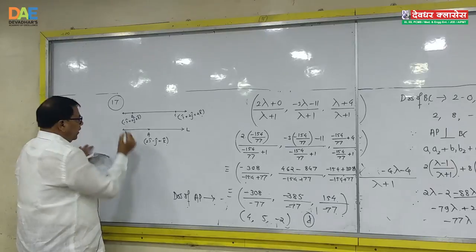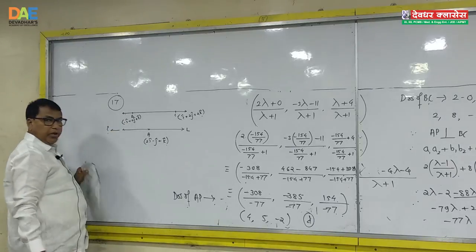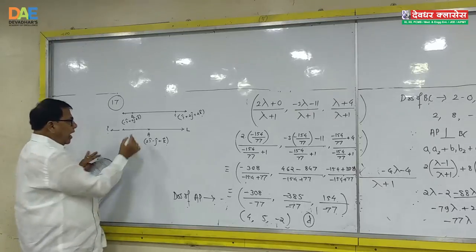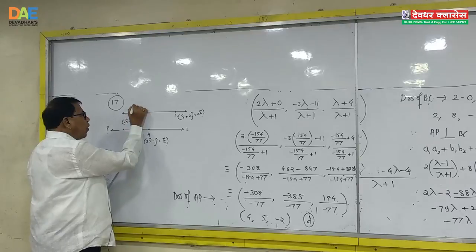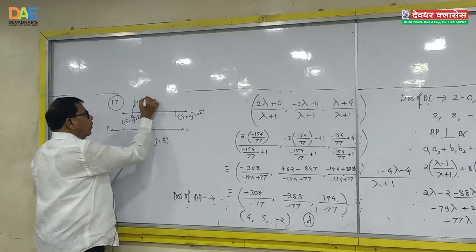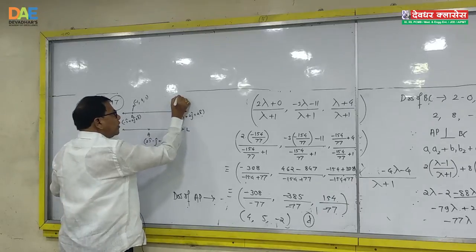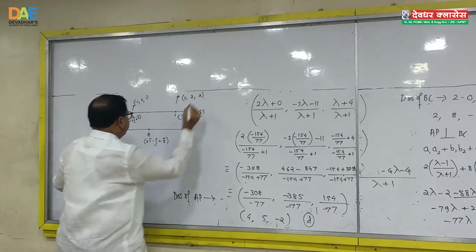Now this is the required line whose equation is to be obtained, and this line is parallel to this one. So B has coordinates (-1, 4, 1). C has coordinates (1, 2, 2).